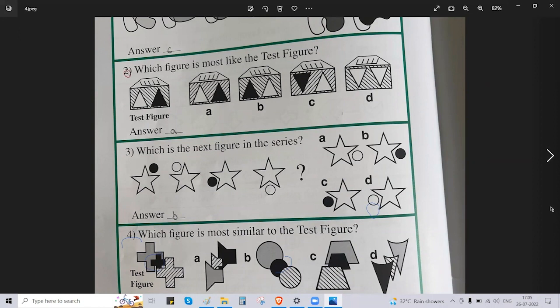First, we can see that the small shape is overlapping the bigger one. And also it's pointing more to the left than the right. I think it's going to be C.